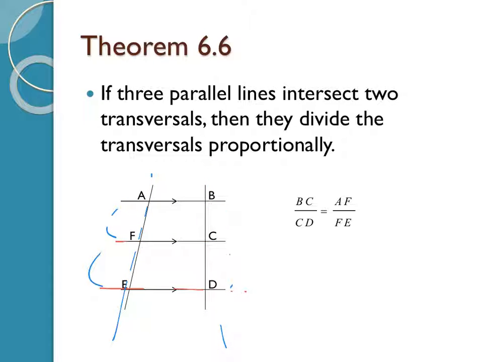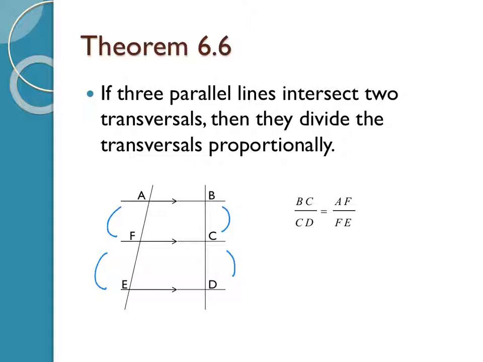So let's go ahead and see how they set this one up. So they took the BC, the right top over the right bottom, and they set it equal to the left top over the left bottom.